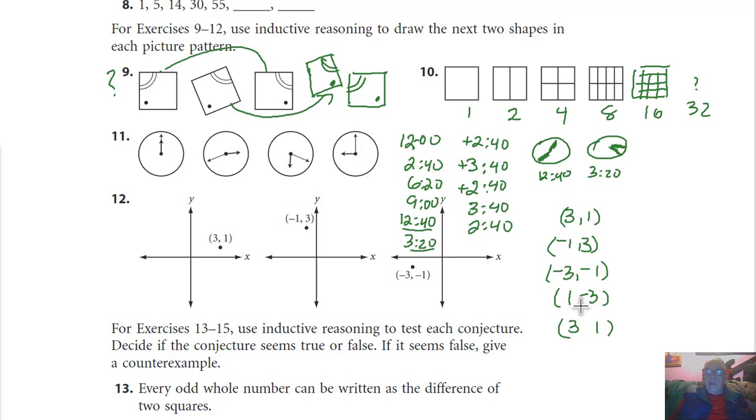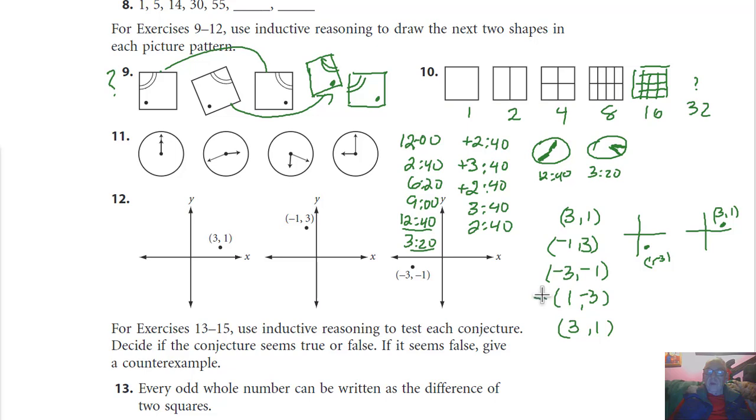So those are the next two in that pattern. And they want us to draw it. So one of them, we're over 1, down 3. And then the other one, we're over 3 and up 1. So that's how those patterns go.